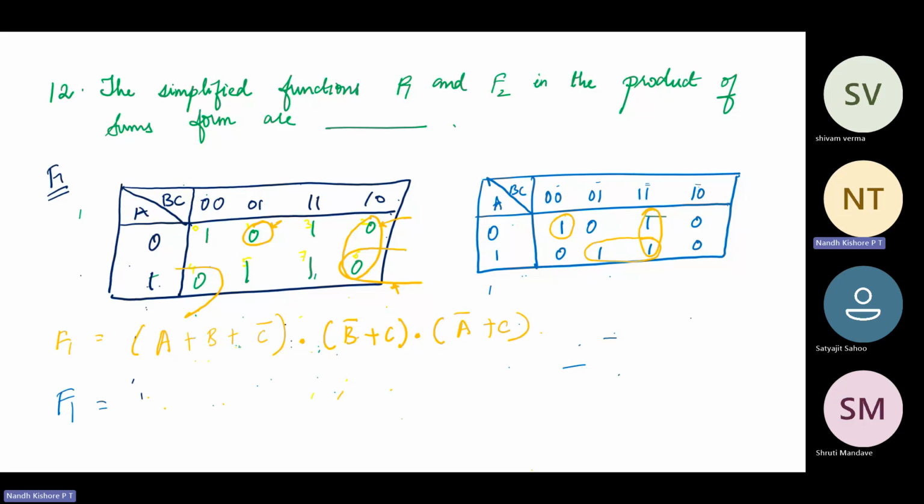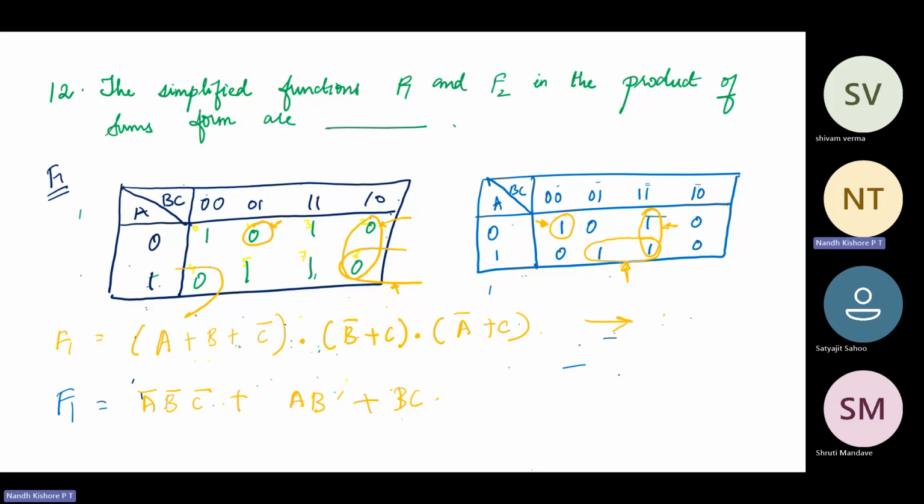So F1 then can be written as A bar, B bar, C bar, this is for 1, plus A into B. And then for this, A is changing, B and C are constant, plus BC. This is how you will write. You got it right, how we are grouping and writing.